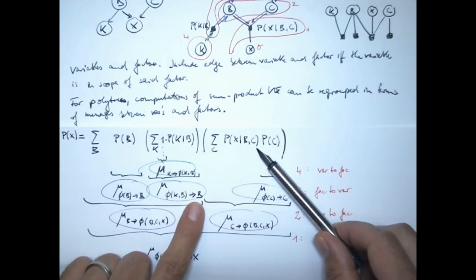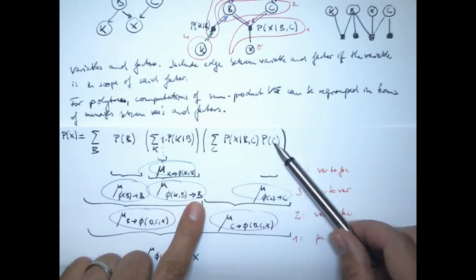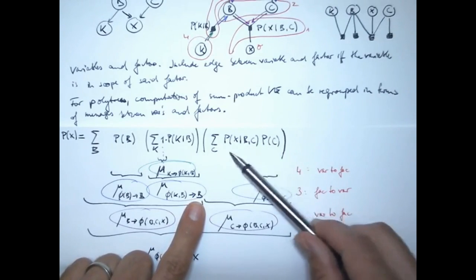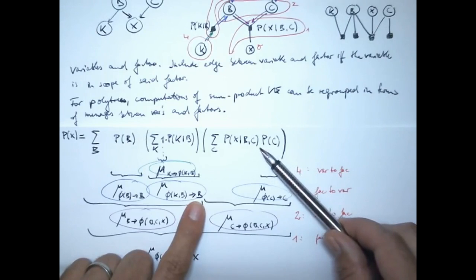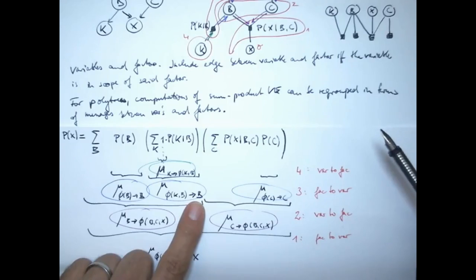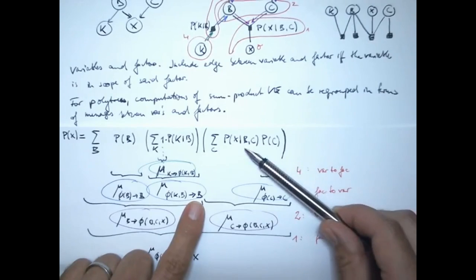And I now really evaluate this thing. So by integrating out the dimension c, I obtain something which still is a function of x and b.